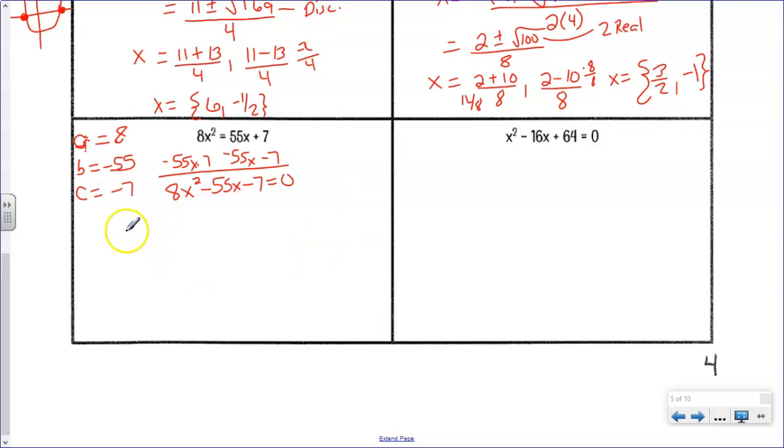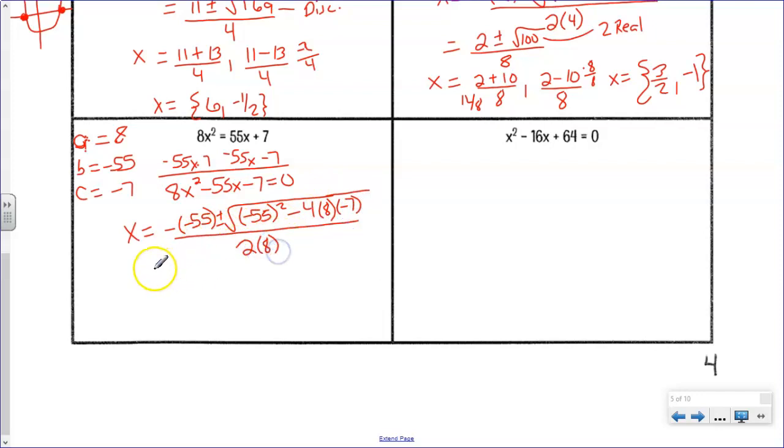So here we go. x equals negative b plus or minus the square root of b squared, which is negative 55 squared, minus 4 times 8 times negative 7, all divided by 2 times 8.